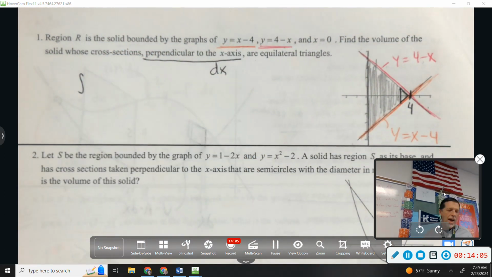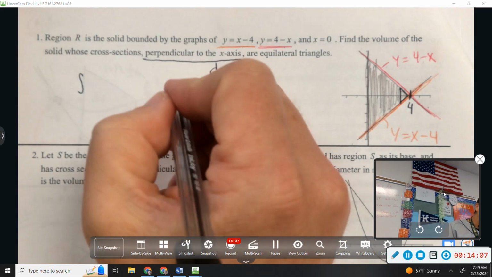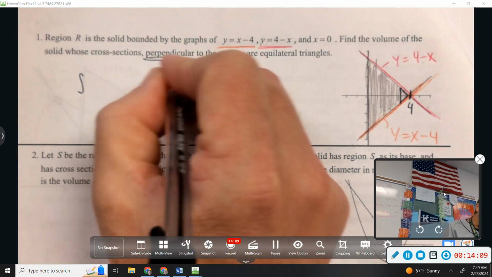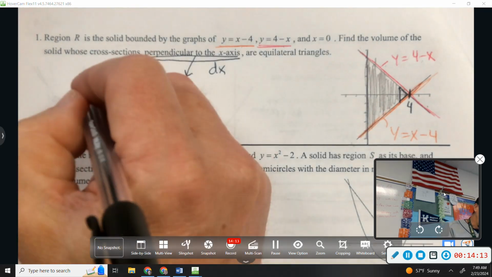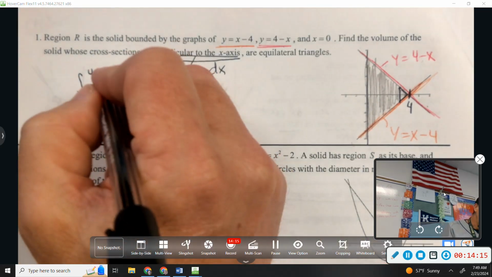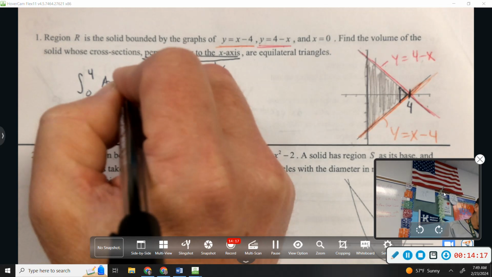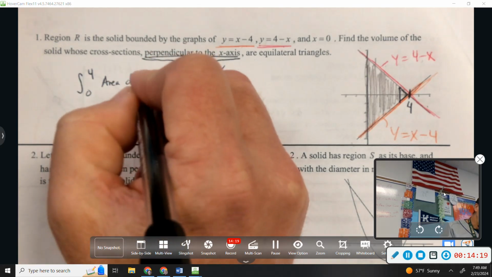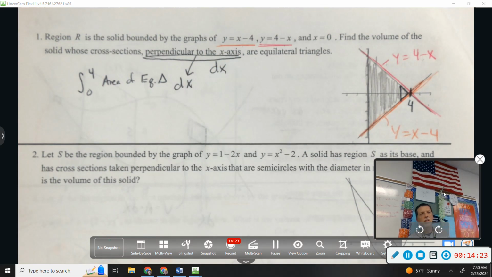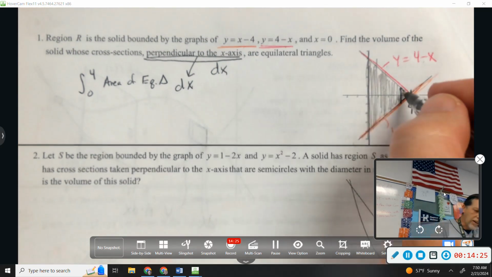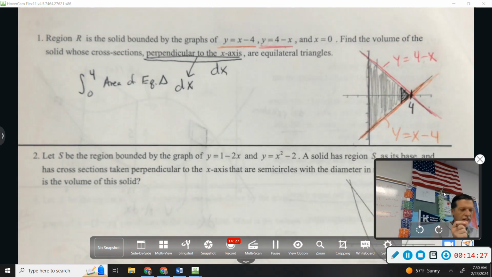So we want to add up all the volumes. We know their thickness is dx because we're perpendicular to the x-axis. We'll go from 0 to 4. And now we just need the area of an equilateral triangle, because that area times the thickness will give us a volume.